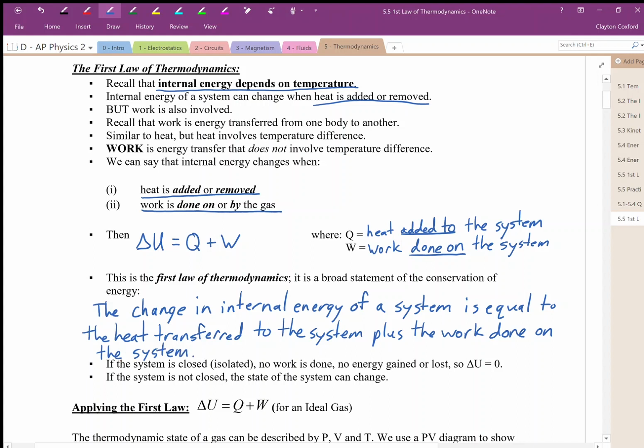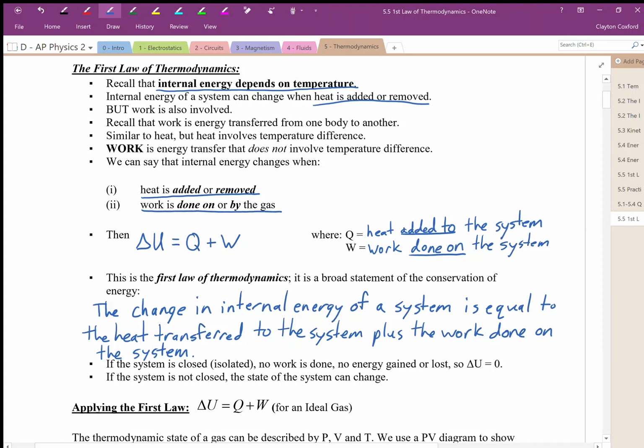If the system is closed or isolated, then there's no work being done on it and there's no heat transferred to or from the system. An isolated system has no change in internal energy.